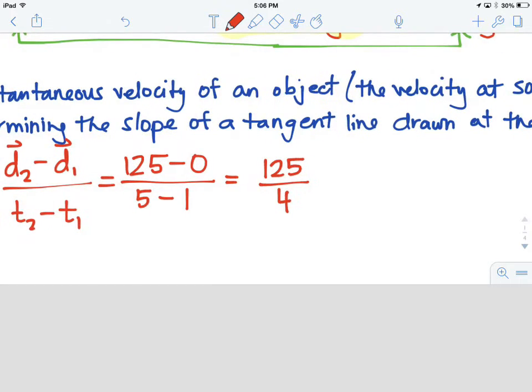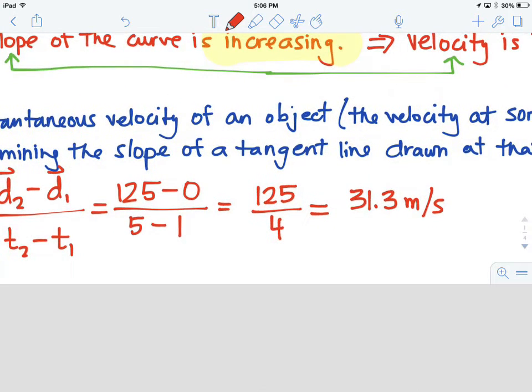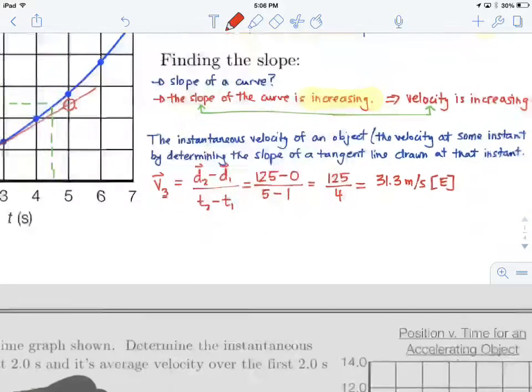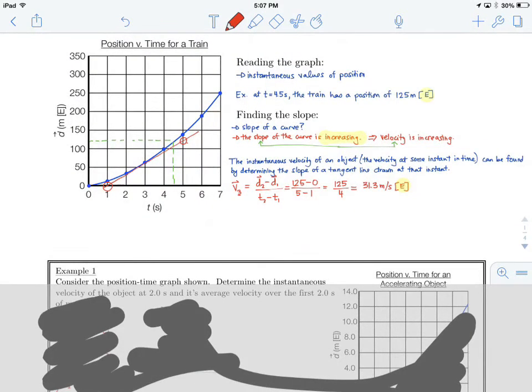In my final line, I will put my units back in. I get 31.3 meters per second, and this, of course, is in the east direction. And there we have it. Our instantaneous velocity at 3 seconds is 31.3 meters per second east. Again, we want to remember the direction.